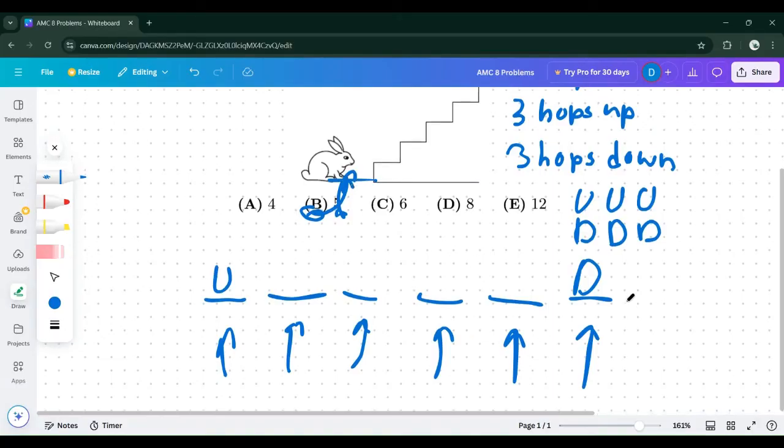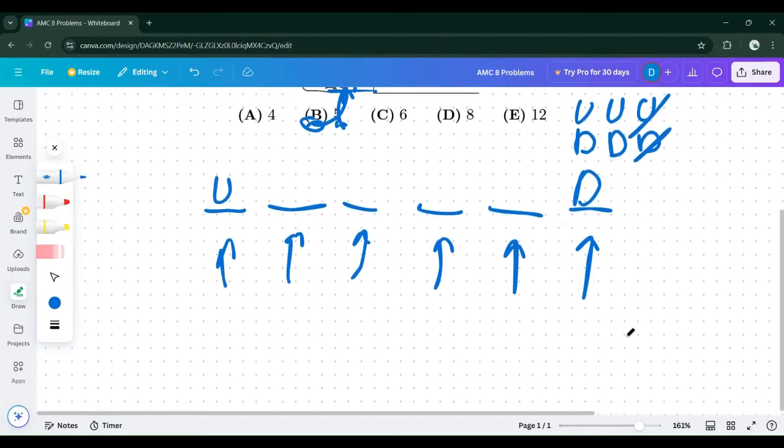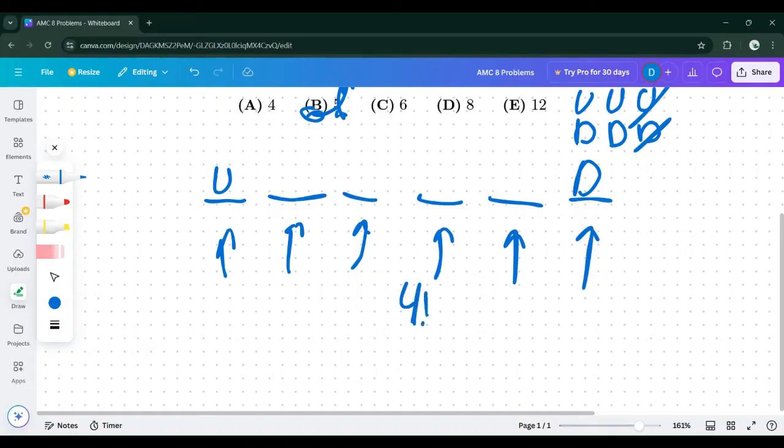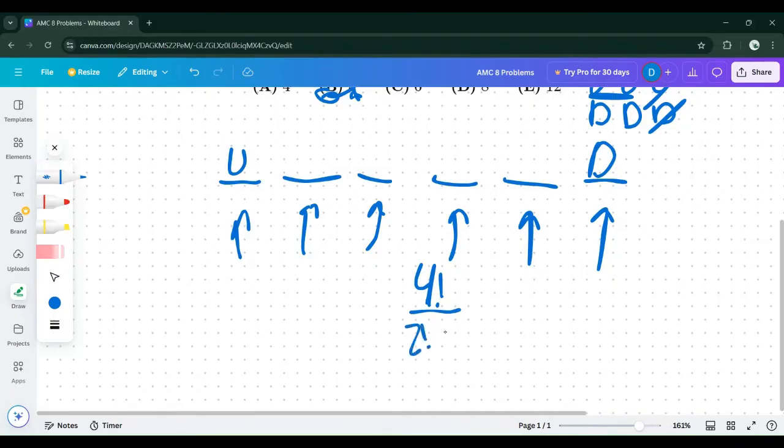So we already have some restrictions, and now we have 2 U's and 2 D's to place. So how do you place these U's and D's? Well, there's four factorial ways to arrange the letters, but since the 2 U's and 2 D's are overcounting, because the U's are the same and the D's are the same, we divide by 2 factorial and 2 factorial, and we get 6.